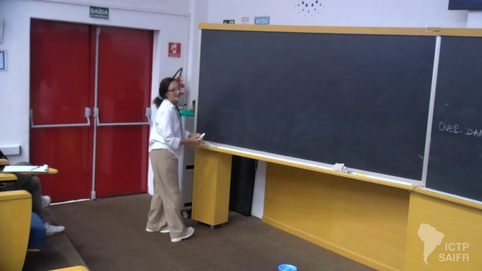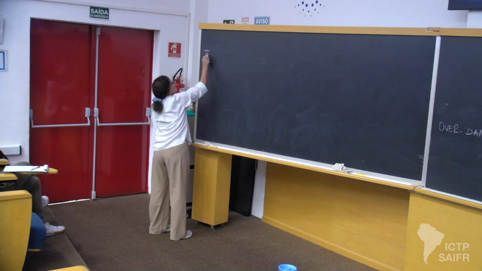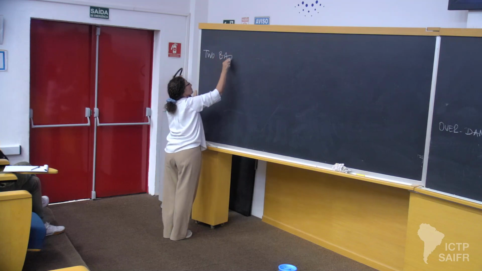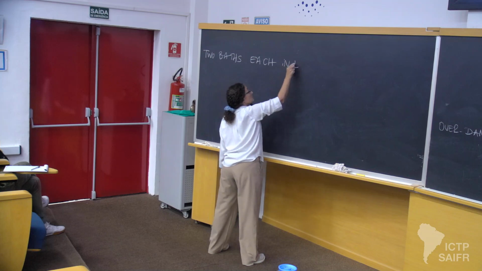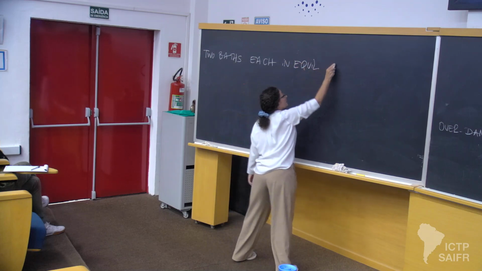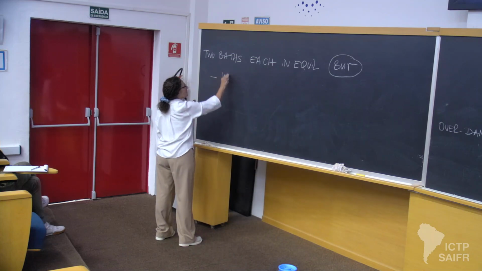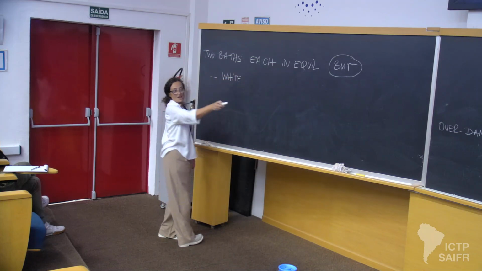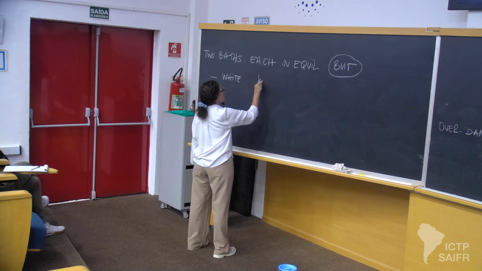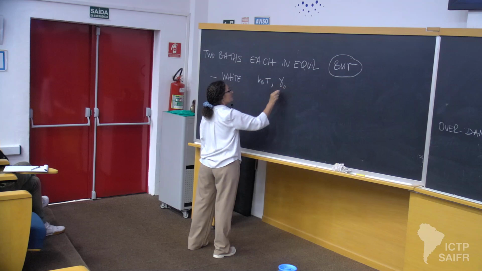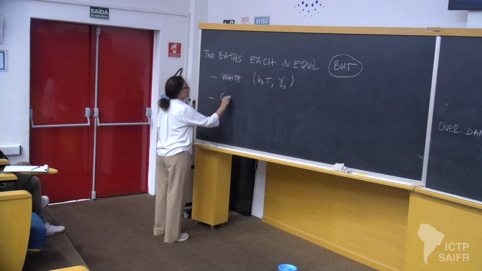Okay, so now imagine that I have that same problem, but I couple it to two baths, each in equilibrium. But say that one is white, just like the one I was using. It has some temperature and it has some friction coefficient. And the other one, let me call it colored.